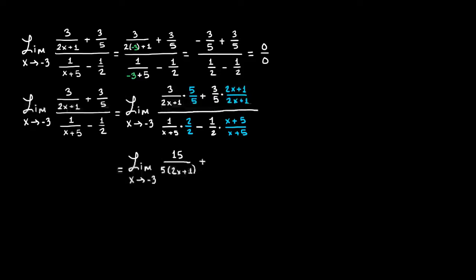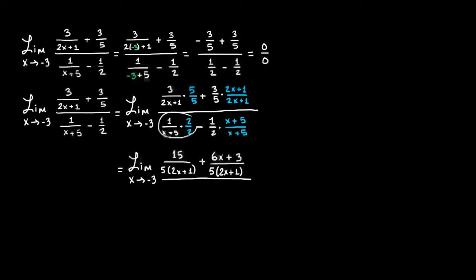It will be plus, and here I'm going to multiply: 3 times 2 times x plus 1 will make 6 times x plus 3. 6 times x is 3 times 2 times x, and then 3 times 1 will make this other term. I'm not multiplying out the denominator 5 times 2 times x plus 1 for a reason. You can do it if you want to, but I'm not going to, because I already know a few things about this topic, and it would be kind of pointless up to a moment.